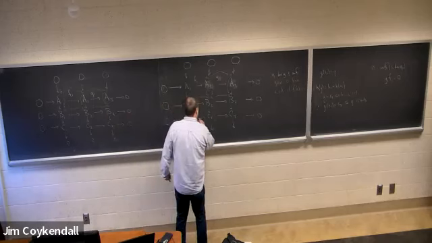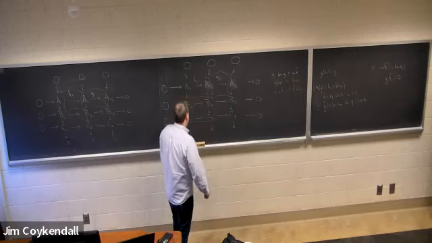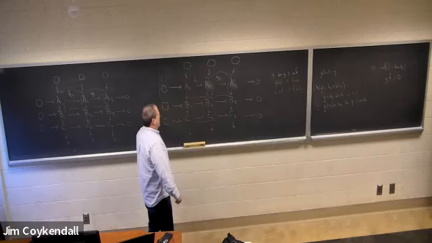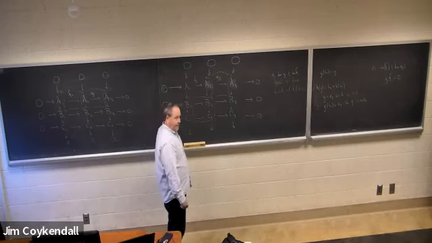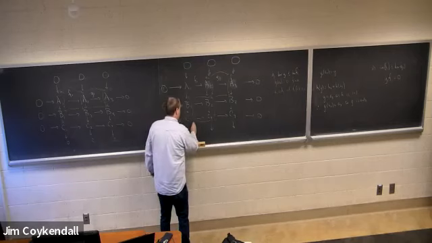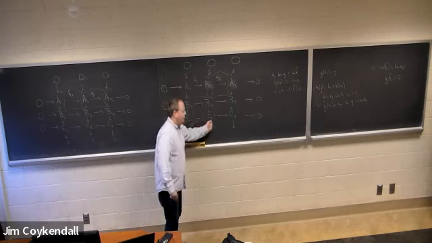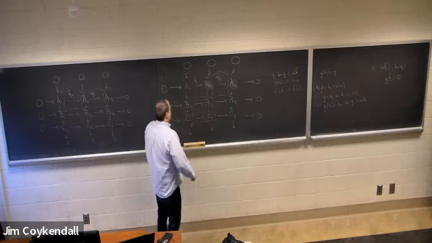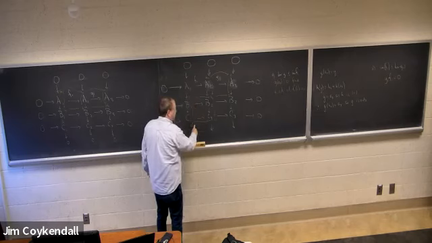So C1 goes to 0 here. Agree? So that means that C1 is equal to 0, because this is 1 to 1. That means that B1 goes to 0, because C1 is 0.